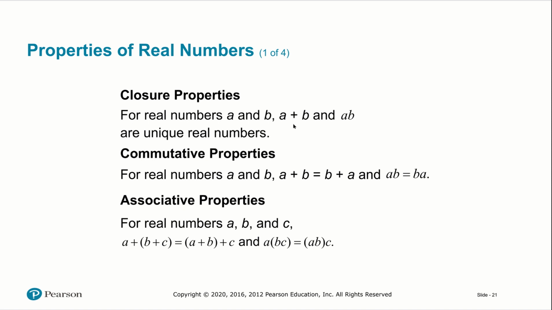They also work, of course, with real numbers. For real numbers a and b, a plus b and ab are both going to be unique real numbers. The commutative properties for addition and multiplication both hold for real numbers, and so does the associative property for both addition and multiplication.